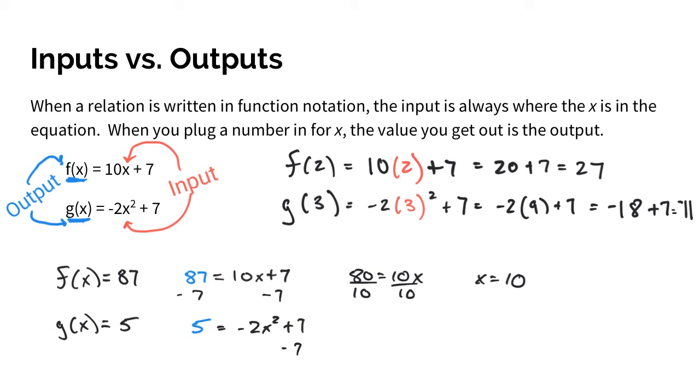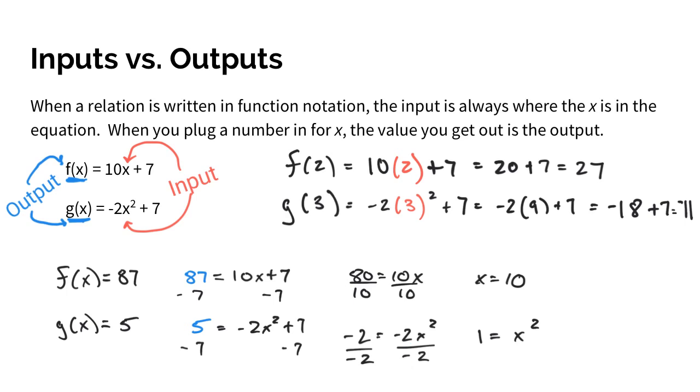You're going to subtract 7 again first. And so that will give us negative 2 is equal to negative 2x squared. Then you divide by that negative 2 first in order to get your x part alone. And so that gives you 1 equals x squared. Make sure that you are dividing first, not trying to do a square root. The square is only the square of the x. That's why you need to get rid of the negative 2 first.